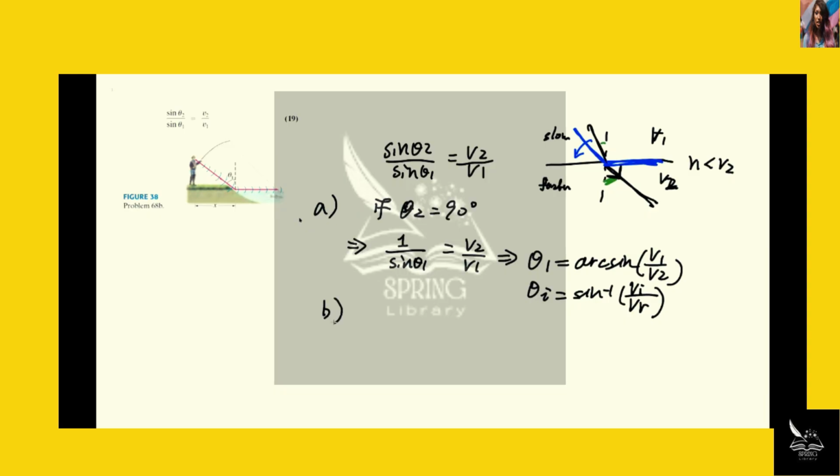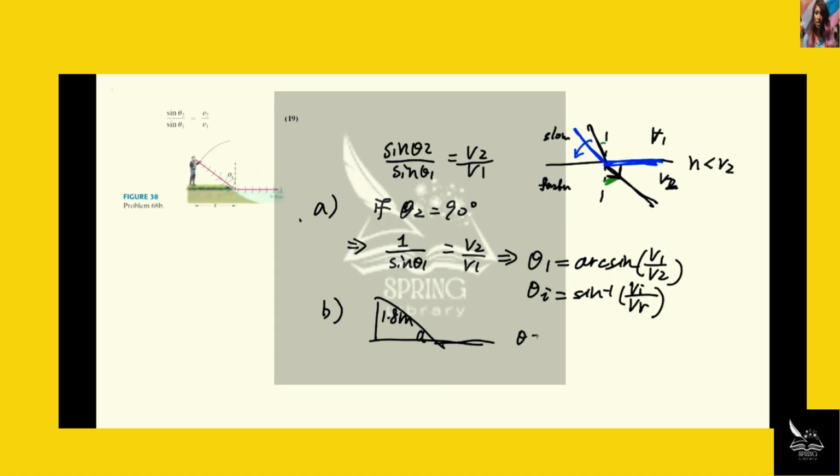Then we also have part B. In this part B, as we can see from the graph, this person is standing 1.8 meters above the ground. And we want this angle to be at least the total reflection angle. So we need to first find the angle.